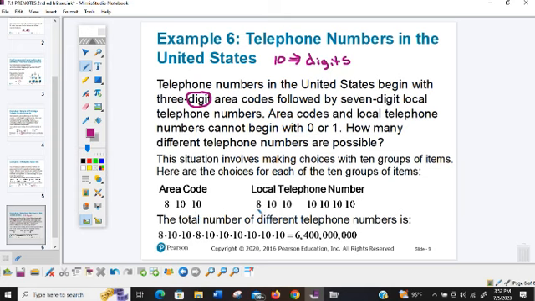For my local number, my first blank, I can't use a 0 or 1, so I can only use 8. And for all of the rest of the numbers, I can use all 10 digits. So it's going to be 8 times 10 times 10 times 8 times 10 times 10 times 10 times 10 times 10 times 10. And we end up with 6,400,000,000 different possibilities.